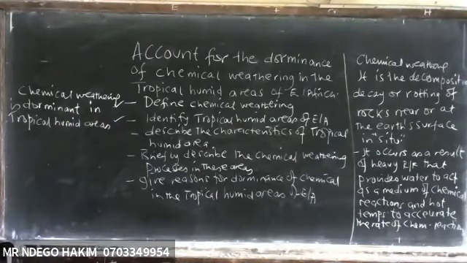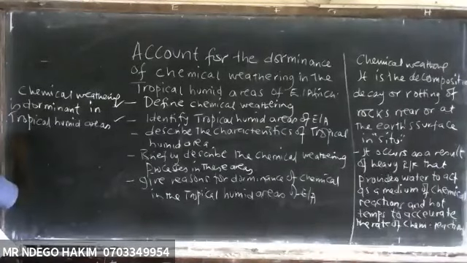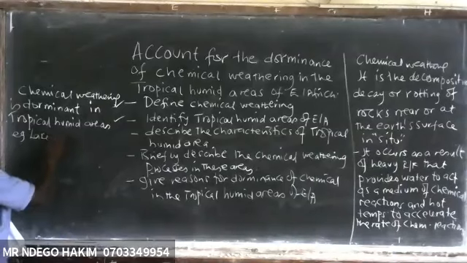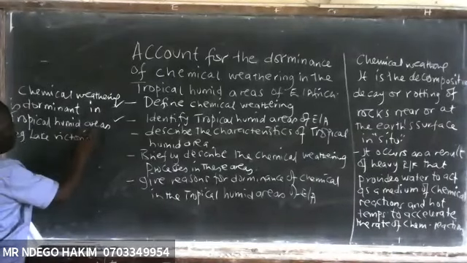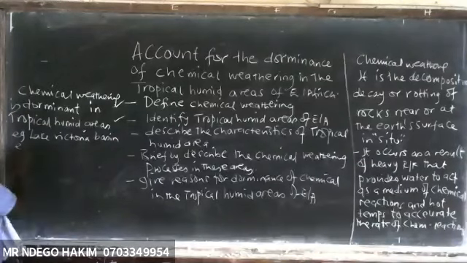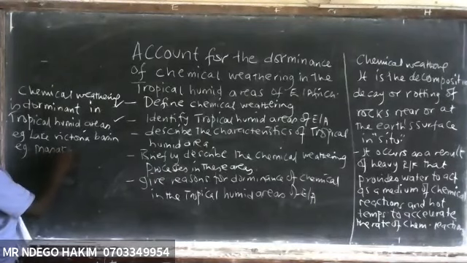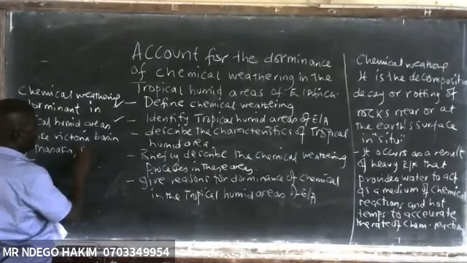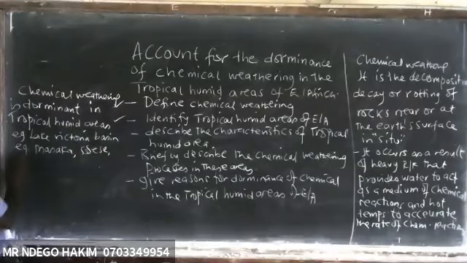Which are these tropical humid areas? For example, Lake Victoria region. Those are tropical humid areas. Right? Areas of Masaka. Let's say Kampala.